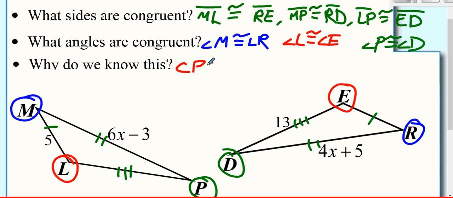C, P, C, T, C. Corresponding parts of congruent triangles are congruent.